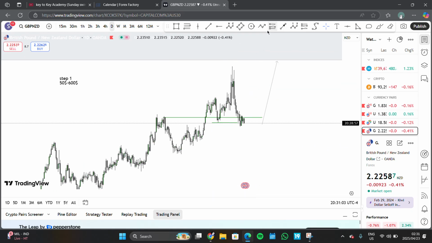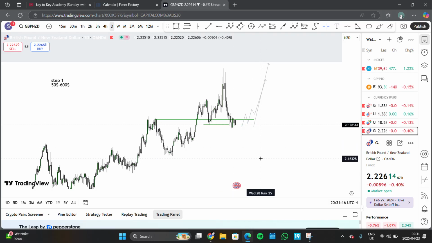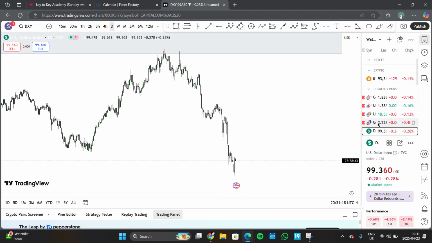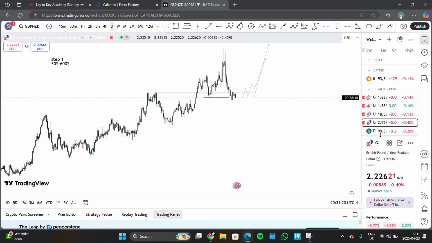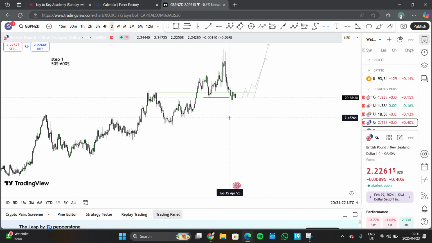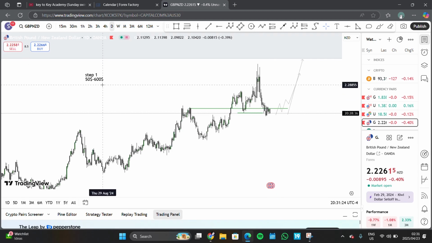What we can wait for here is that price can take this liquidity, enter this range, and give us this for us to consider looking for buys to the upside. So that's what I'm looking forward to for these pairs.